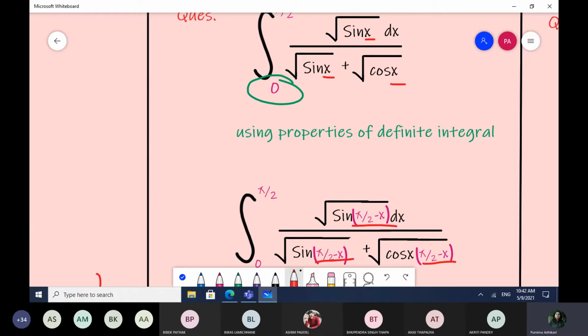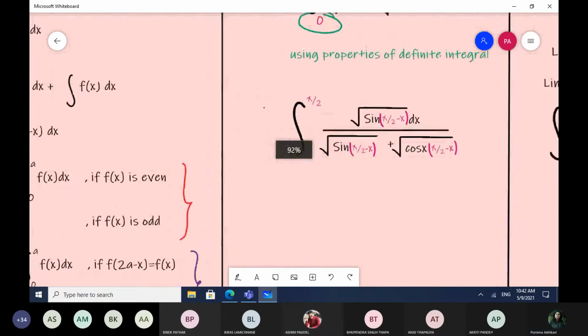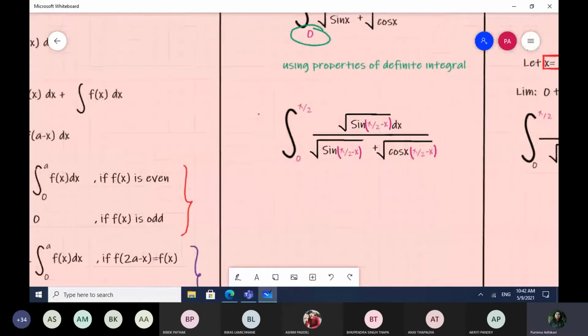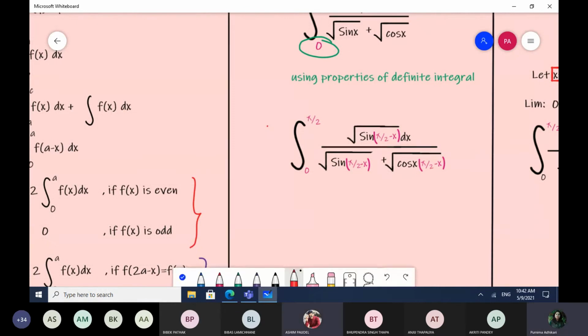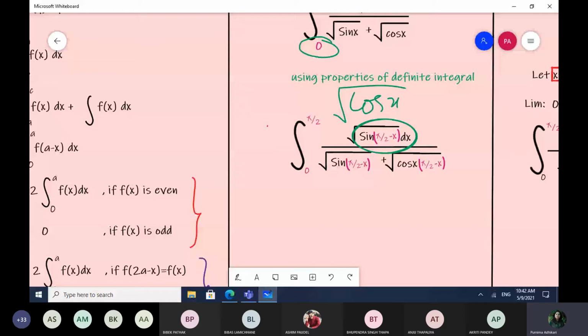What will happen next? What is sin(pi by 2 minus x)? Cos x. So your numerator becomes root under cos x, and your denominator becomes root under cos x plus root under sin x. No change in the denominator. The denominator remains the same.